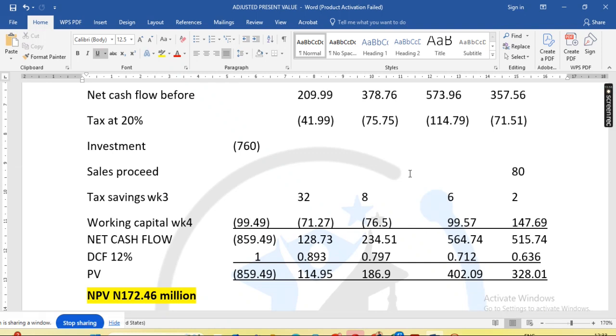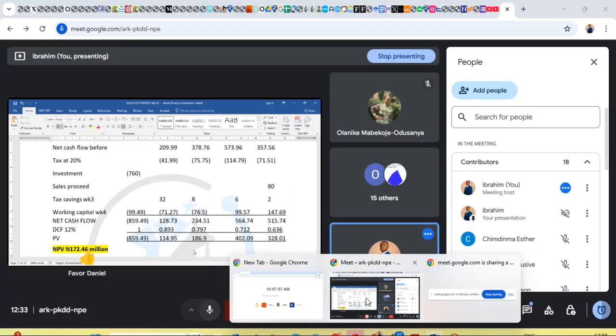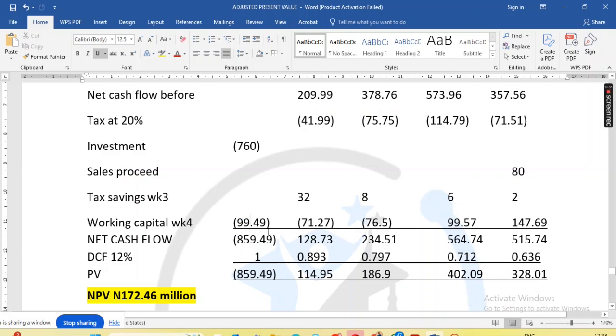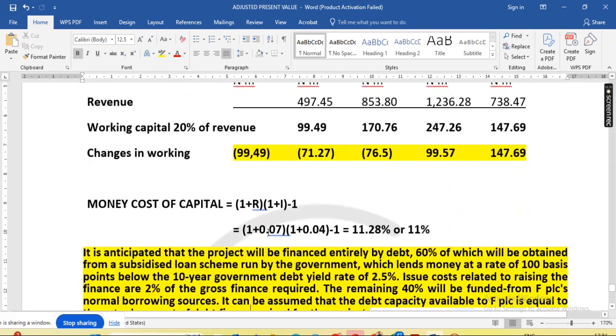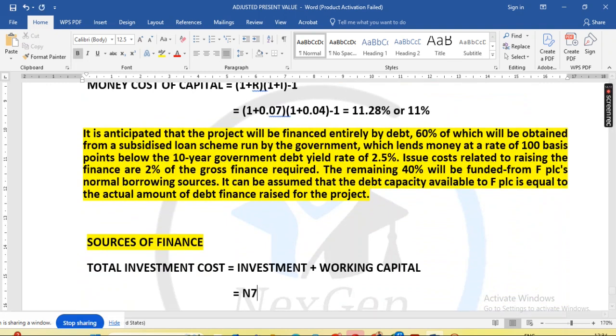The working capital is 99.49. Is that not so, class? Please, let's answer so that I will know that you are following. Yes, please, sir. Okay. So 760, because the project is financed entirely by debt, plus 99.49, right? So what do we have when you add it?